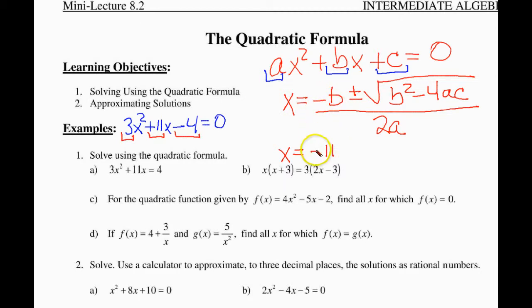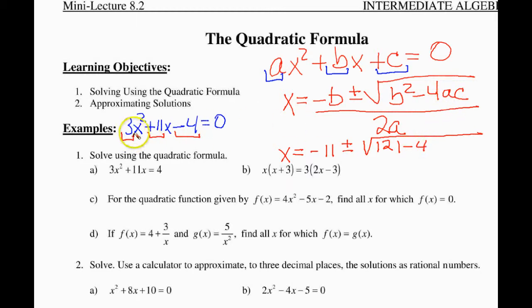Remember, the B is a positive 11. The negative sign is part of the formula, plus or minus. Now, B squared, we can put right under our radical sign as, instead of 11 squared, 121. And then minus 4 is in the formula.